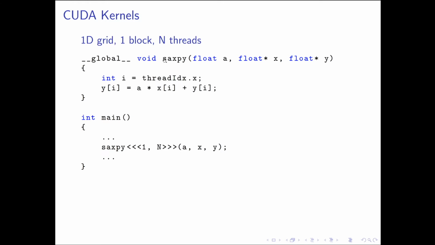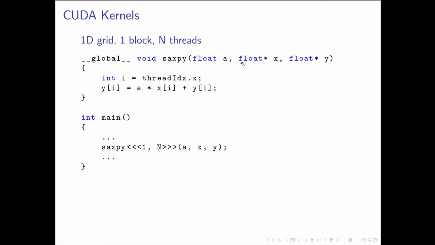Like imagine we have this ZAXPY kernel, and as you can see, the kernel is just an ordinary C function, and the kernel can also take parameters. Like the kernel can take a parameter A here, which is just a scalar, and where the parameter is actually copied into the kernel by value.